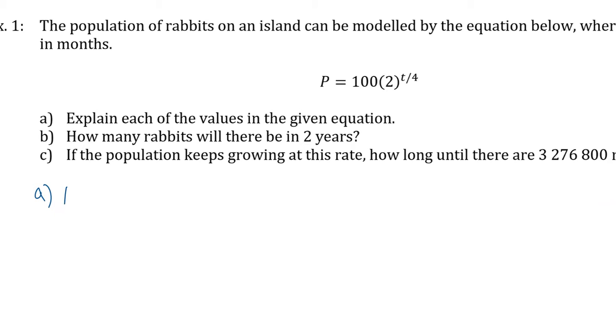So 100 is the initial number of rabbits, or population of rabbits. Sometimes we think about time starting now. So how many rabbits are there now? This is where time kind of starts, right? But using the word initial could be a good idea if a question like this ever came up on a test. What about the 2?